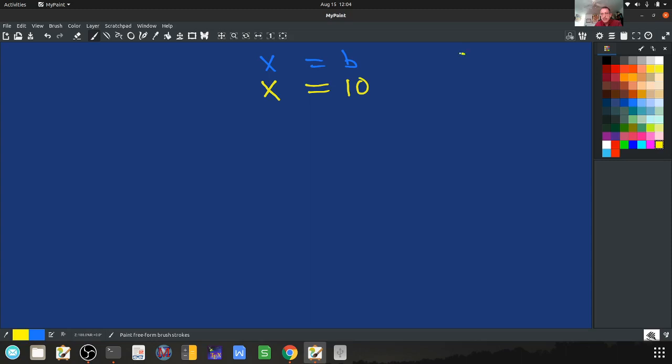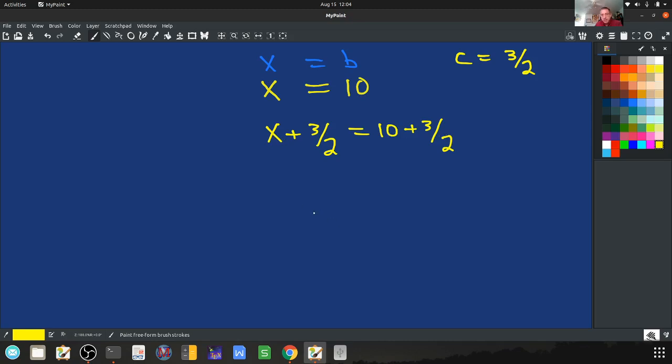Now let's let c be equal to 3/2. I purposely chose a fraction. It could be any real number. So if I add 3/2 to x, I have to do so to the other side. Since x is equal to 10, then if I add 3/2 to x, that's the same as 10 plus 3/2.